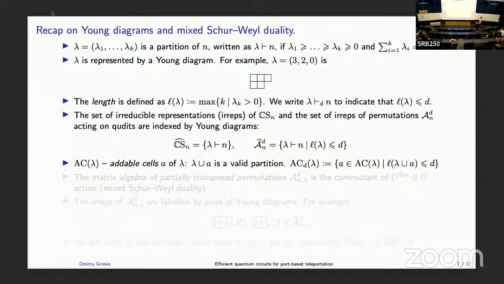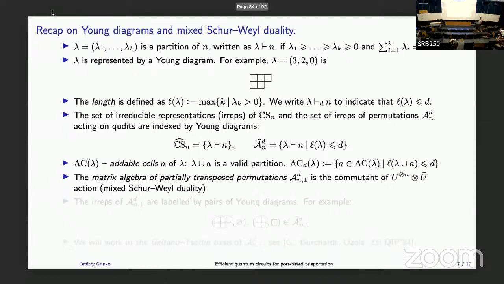The set of addable cells is the set of positions where you can add a box to a Young diagram such that the new diagram lambda union A is a valid Young diagram, a valid partition. What will also be important is the subset of the addable cells where, if you add a box, the resulting Young diagram has length still at most d.